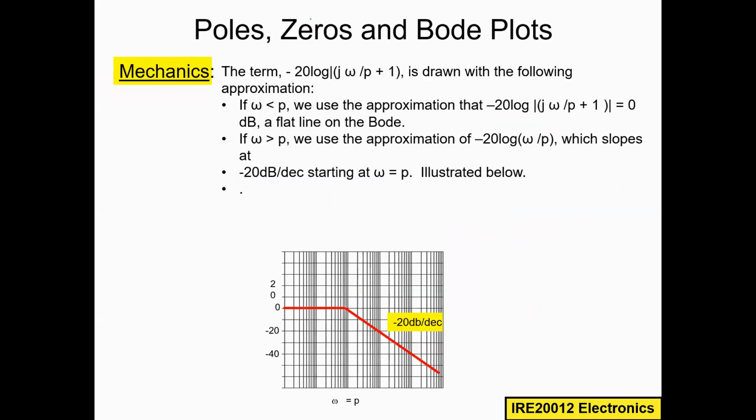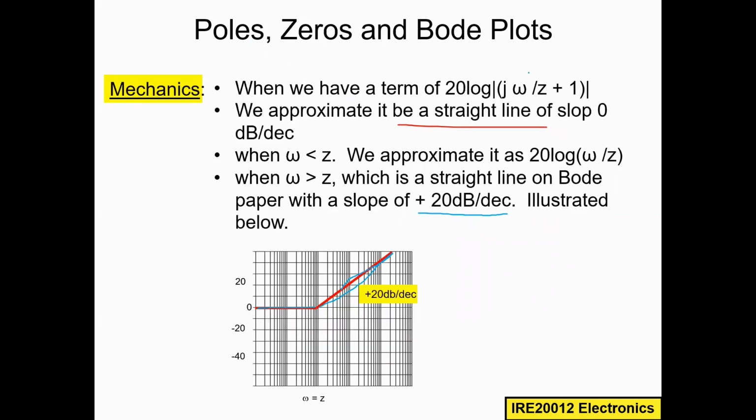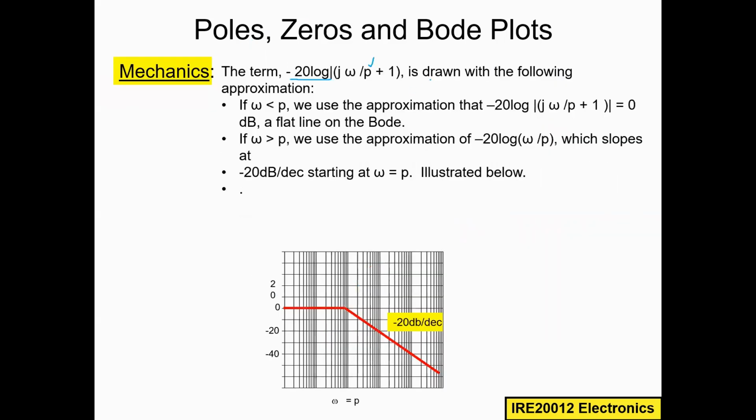Similarly, if you have another term, minus 20 log of j omega divided by p plus 1, here you are talking about poles, whereas before we were talking about zeros. So how can we do this approximation? If omega is less than p, we use the approximation that minus 20 log of j omega divided by p plus 1 is equal to 0 dB.